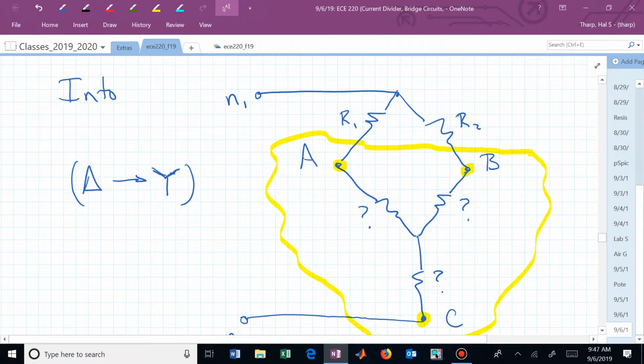I now have R1 in series with this resistor underneath A. I also have R sub 2 in series with the resistor underneath B, and those are now in parallel. And finally, they're in series with that resistor above C. And I can combine those now to collapse all of that mess into an equivalent resistor. And I couldn't before when it was in the bridge configuration. This is trying to motivate the need to go from delta to Y, or we might want to know how to go from Y to delta.